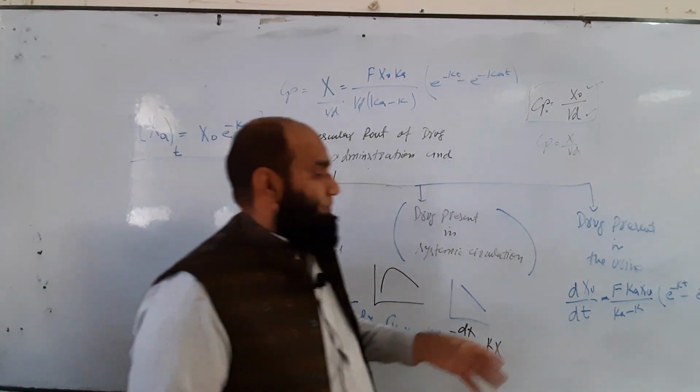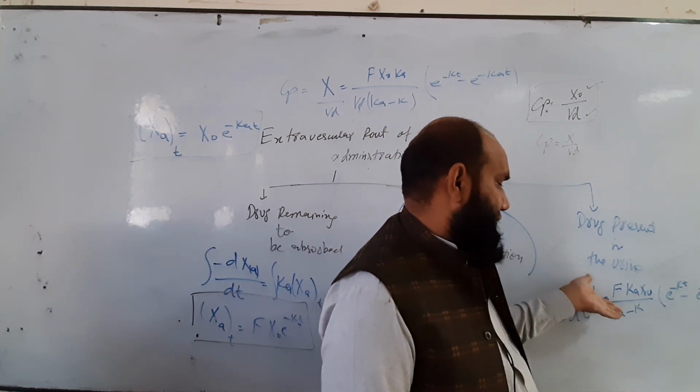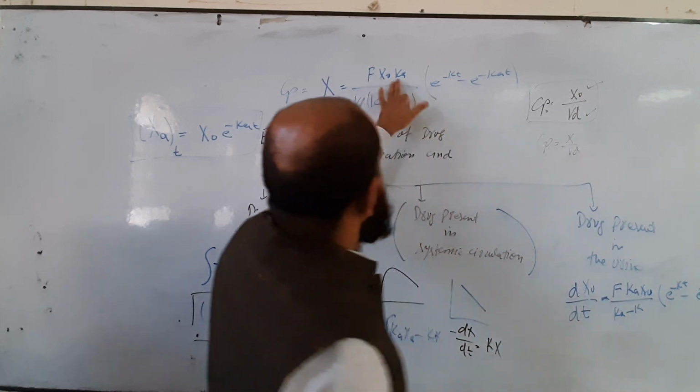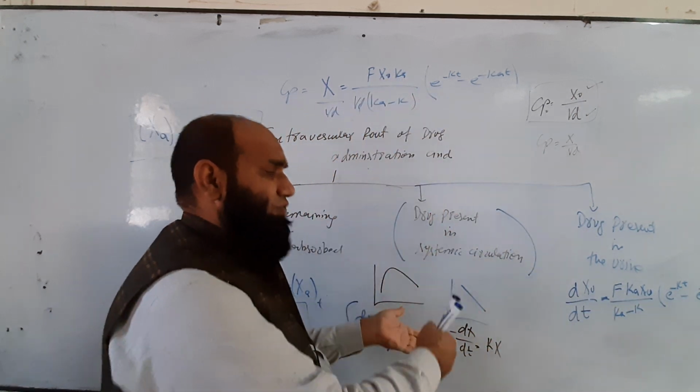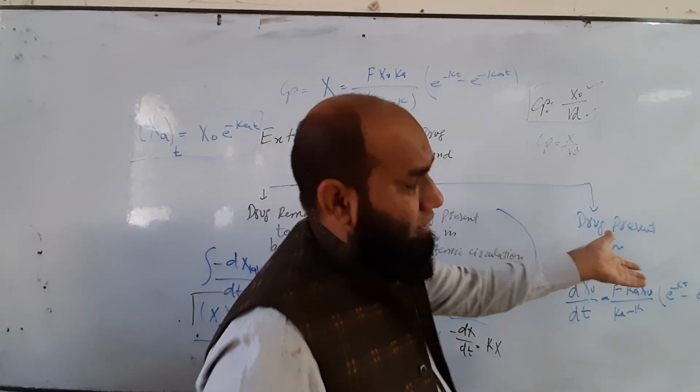So with the same scenario, we can calculate the rate dXu over dt is equal to F Ka X naught. Remember, F X naught Ka, F Ka X naught, F Xu Ka over Ka minus K, e to the minus Kt, e to the minus Kat.